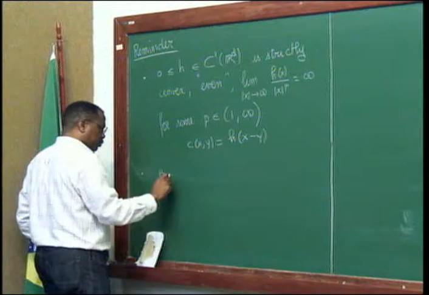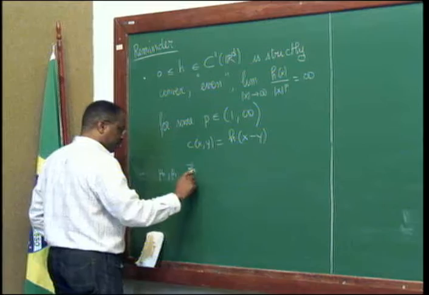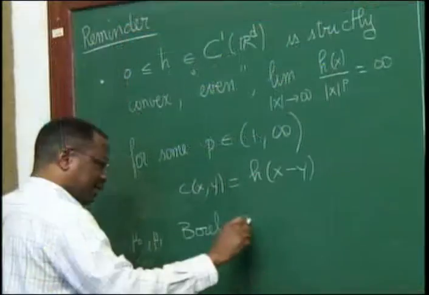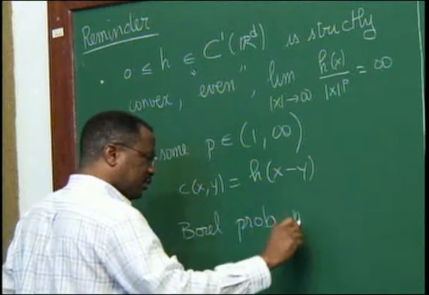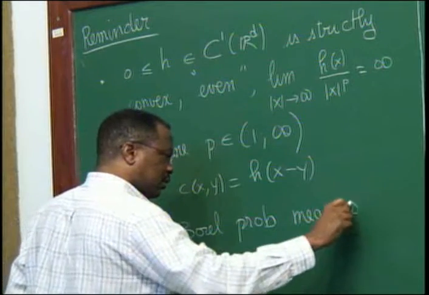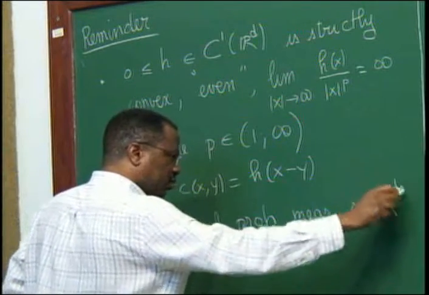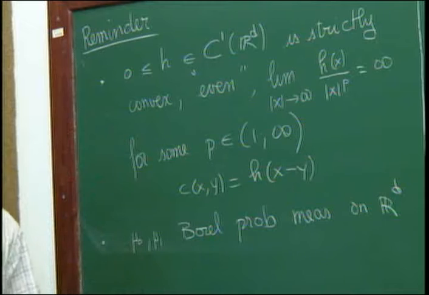I am giving mu naught, mu1, Borel probability measure on Rd. You want that this h vanish at 0, or it's not necessary? No, it is not necessary.